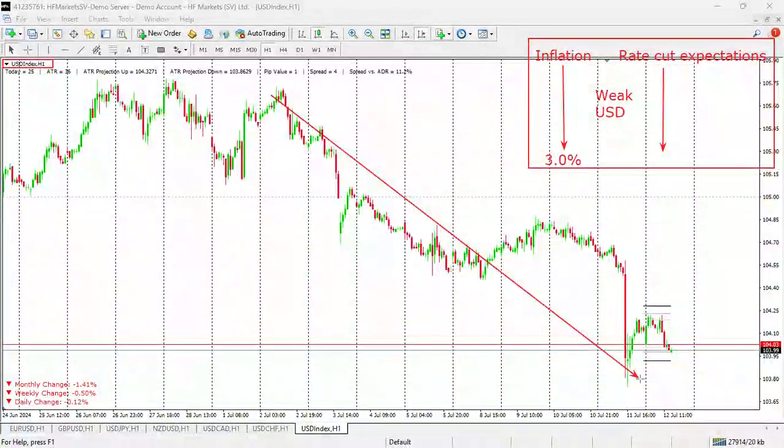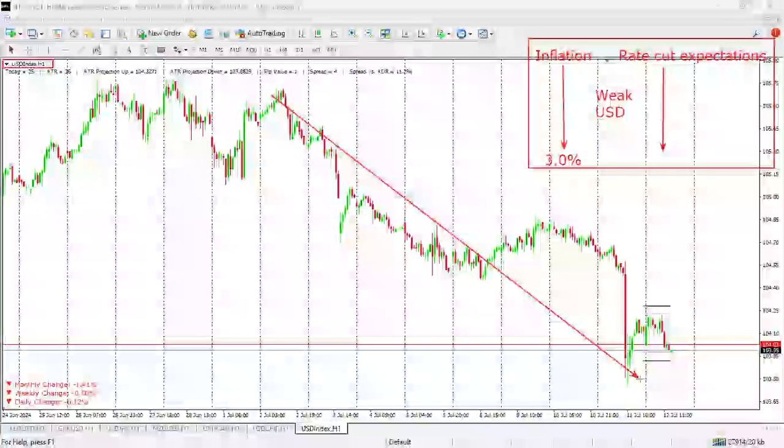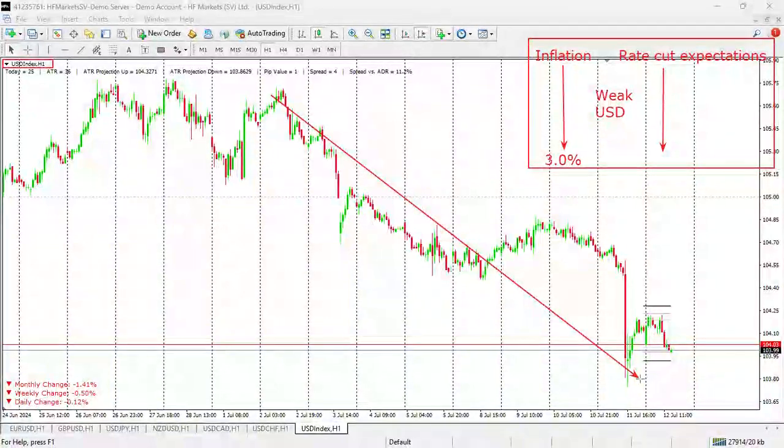So I can visualize that movement. I can now see that, broadly, not just against one currency, the dollar is actually a weak currency. Why? The USD index is going down.